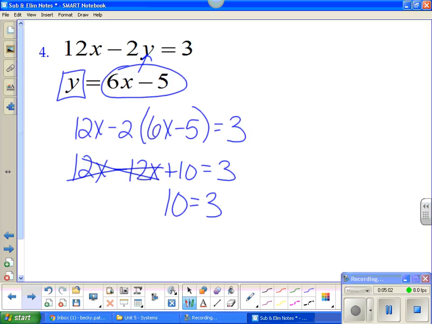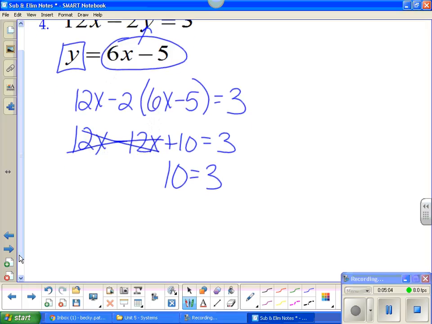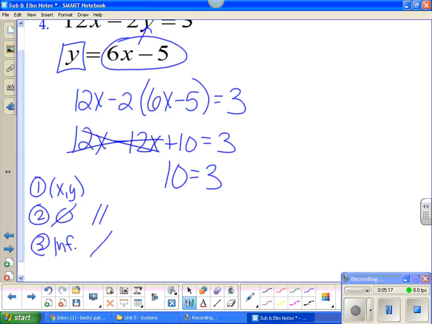Well, if you'll remember from yesterday when we solved them by graphing, we said there were 3 types of solution. Number 1, you could have a point. Number 2, you could have no solution because the lines are parallel. And number 3, you could have infinite solutions because they are the same line. Well, when all your variables go away, it's one of these 2. Don't jump the gun and say it's no solution.